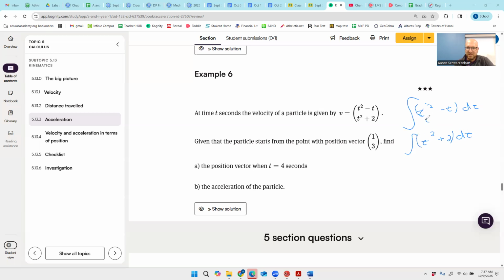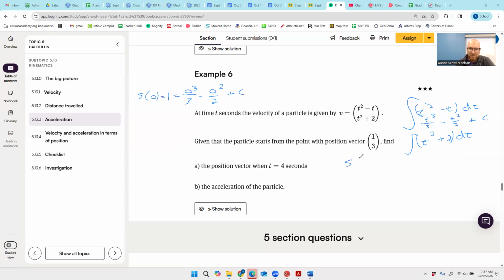So this is t cubed over 3 minus t squared over 2 plus c. It starts from 1, so s of 0 equals 1, which equals 0 cubed over 3 minus 0 squared over 2 plus c equals 1.